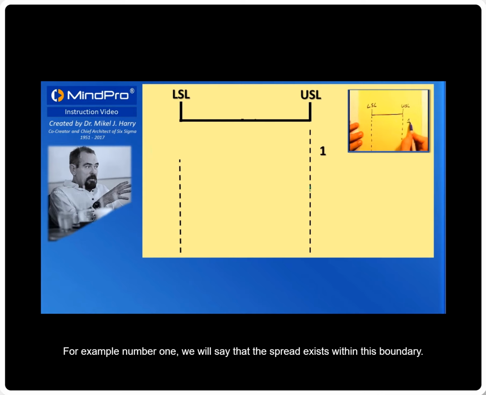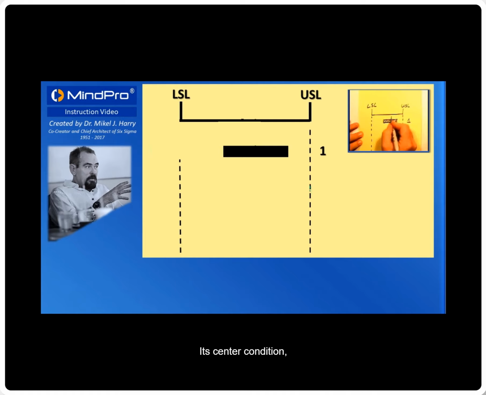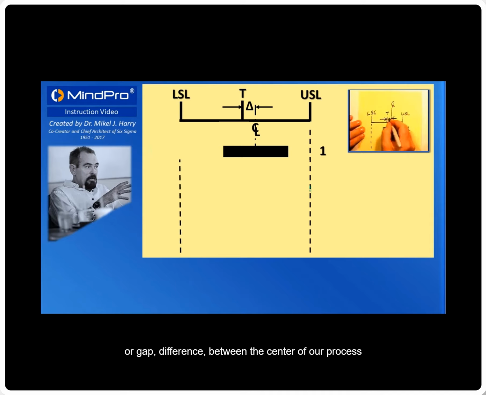For example number 1, we will say that the spread exists within this boundary, its center condition, center line, and here is the specification target called T. Thus, we can see that there is a deviation or gap difference between the center of our process and the target specification.